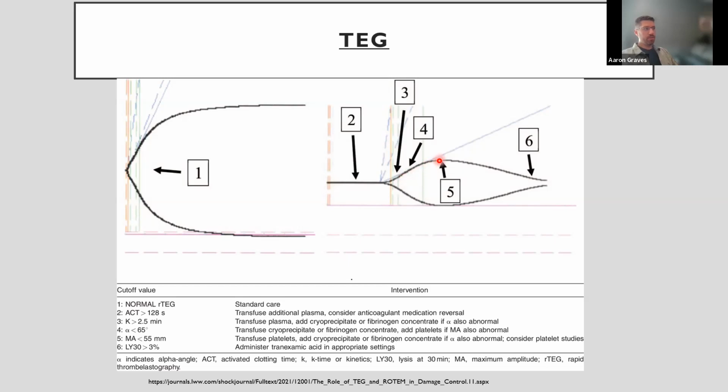The maximal amplitude is significantly smaller, meaning when it does form, even at its strongest, it's not going to be the strength necessary to maintain proper hemostasis. And then as you can see, the clot begins to lyse pretty rapidly and degrade, meaning that continued bleeding will continue. Hyperfibrinolysis, which is this rapid breakdown of clots, is very much associated with worse mortality rates in trauma patients.